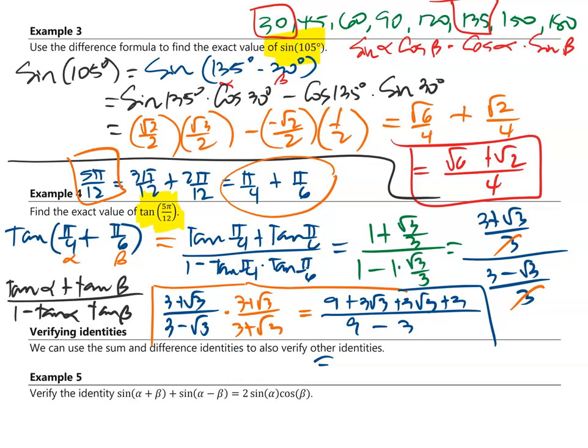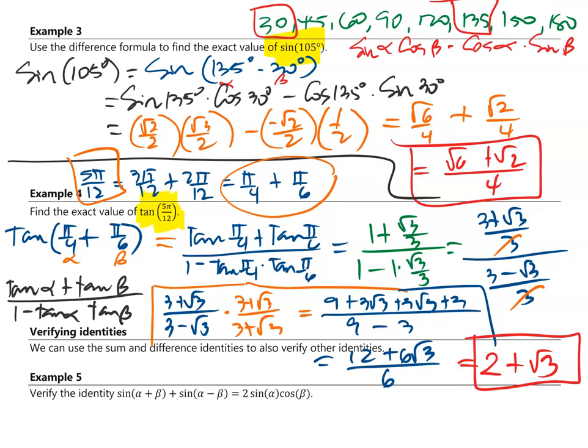So that is 9 plus 3 is 12, plus 3 plus 3 is 6 square root of 3, over 6. And now let's simplify. 12 divided by 6 is 2, 6 divided by 6 is 1, so this is 2 plus square root of 3. So this is the answer.